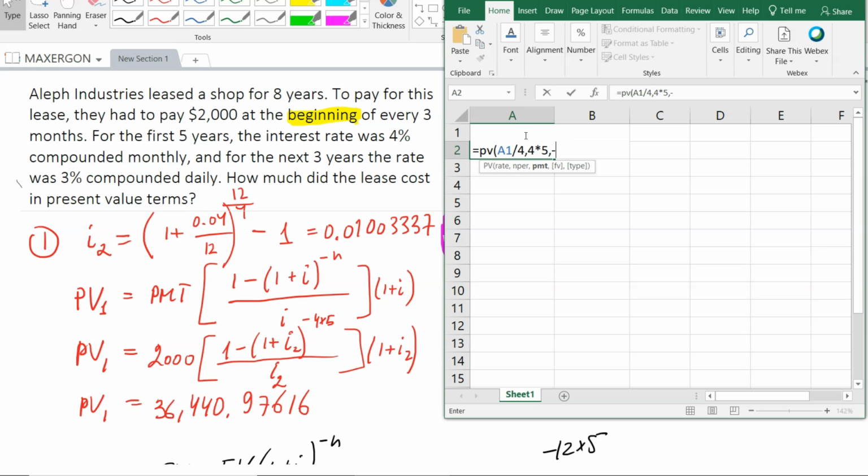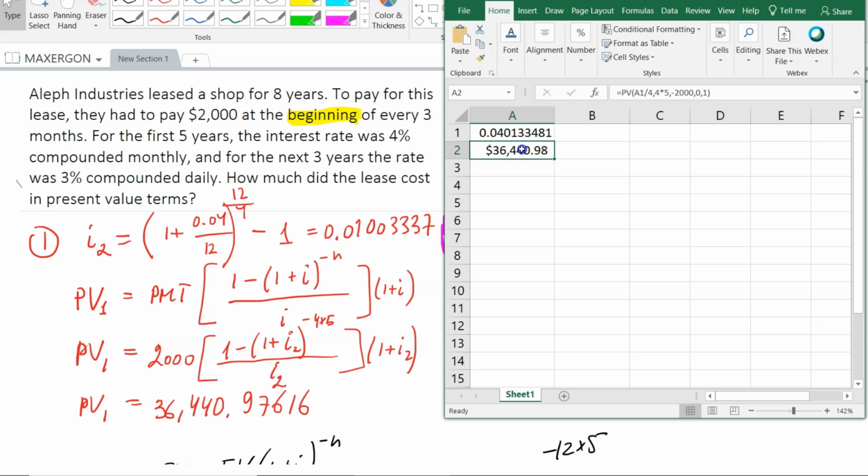Payment is 2000, which we will input with negative sign. Future value is 0. The type of annuity is due, which is 1 in this case. We found that present value of the first annuity is 36,440.98.